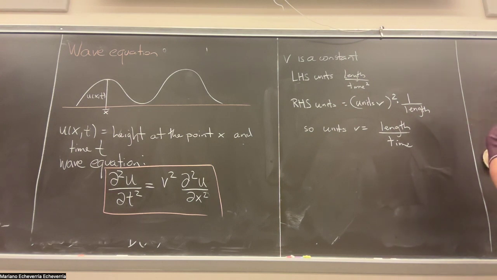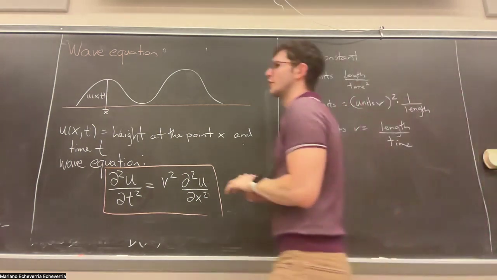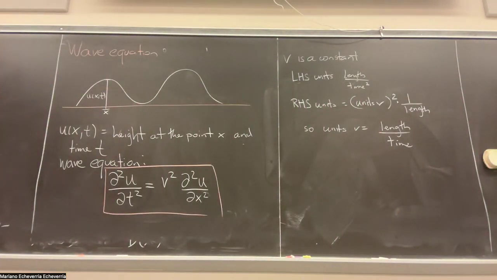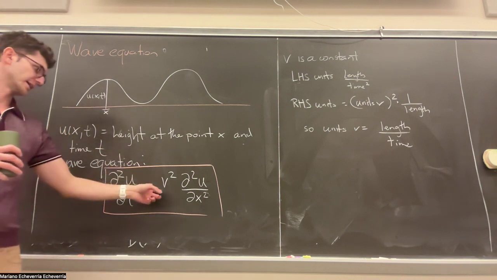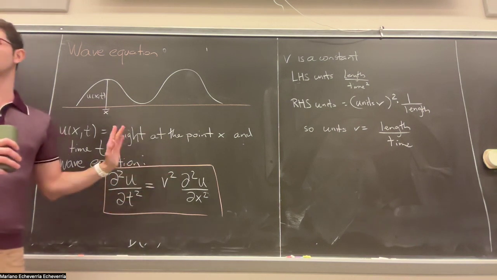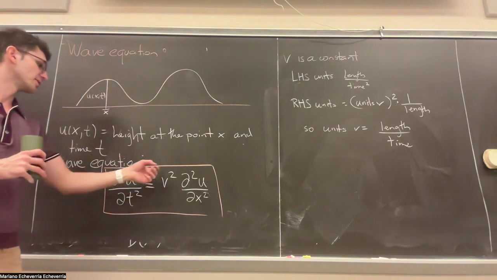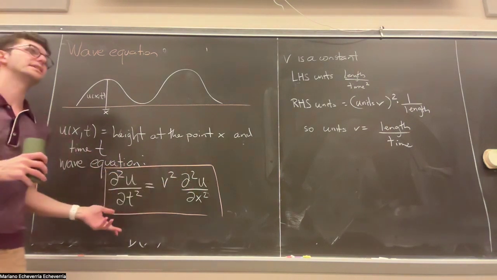I won't always keep track of this constant, but if you want a more concrete physical interpretation, it's useful to think of it this way. Mathematically, it's just a constant, but if you gave units to everything, it would have the units of velocity, or speed, because we're in one dimension, so that both sides make sense.